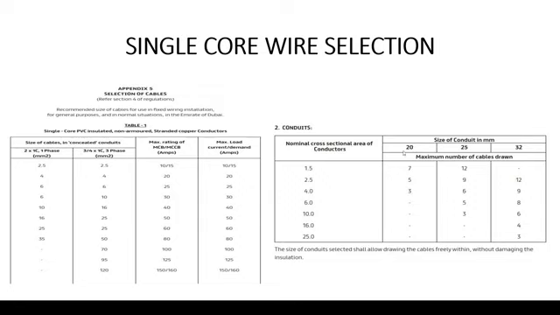So 20 mm conduit can take how many? We said for lighting circuit we use 2.5 mm wires. A maximum of 5 wires can go in 20 mm conduit.